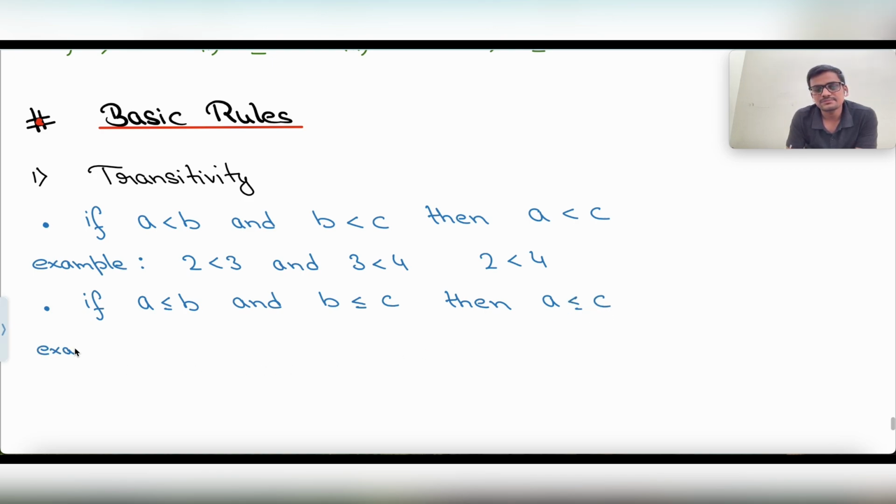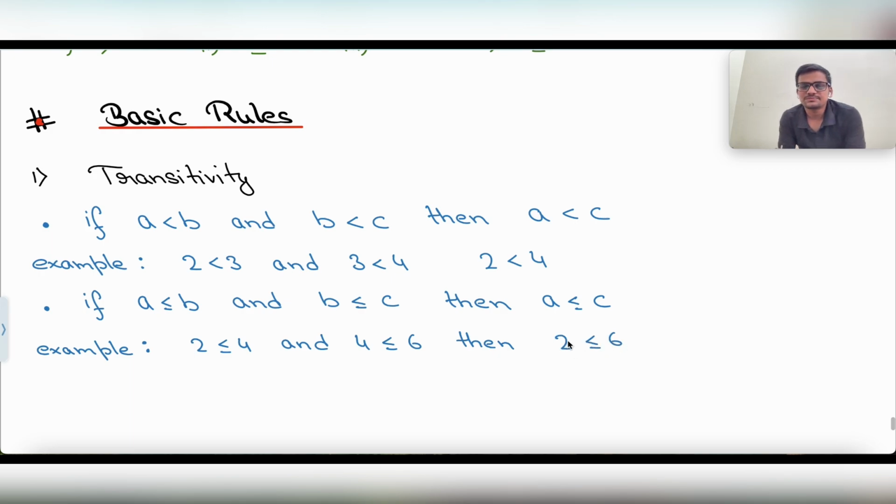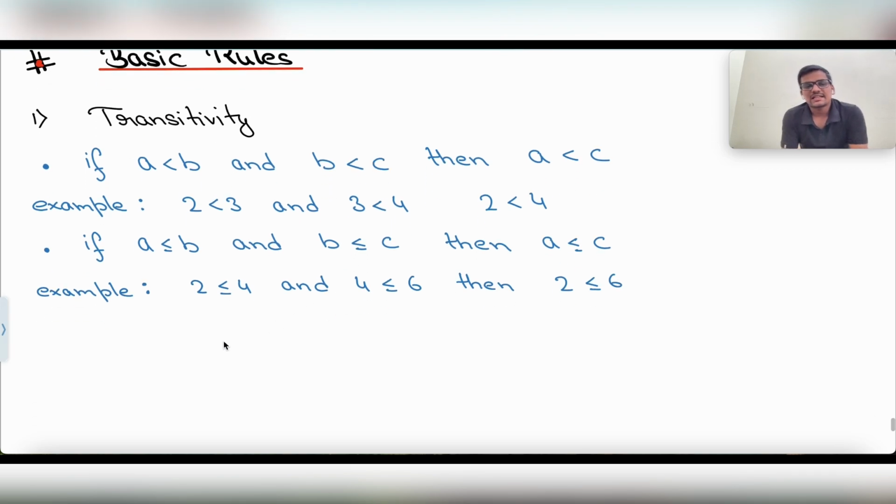Example, 2 is less than or equal to 4, right? This statement is correct. And 4 is less than or equal to 6. Then obviously 2 is less than or equal to 6 also, right? So this is the transitivity.